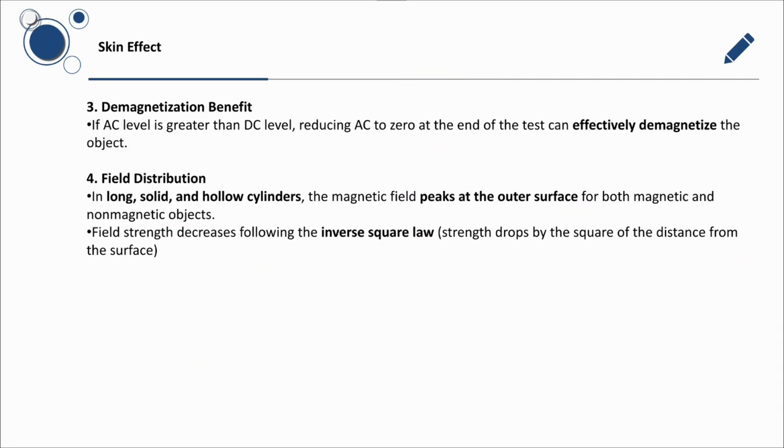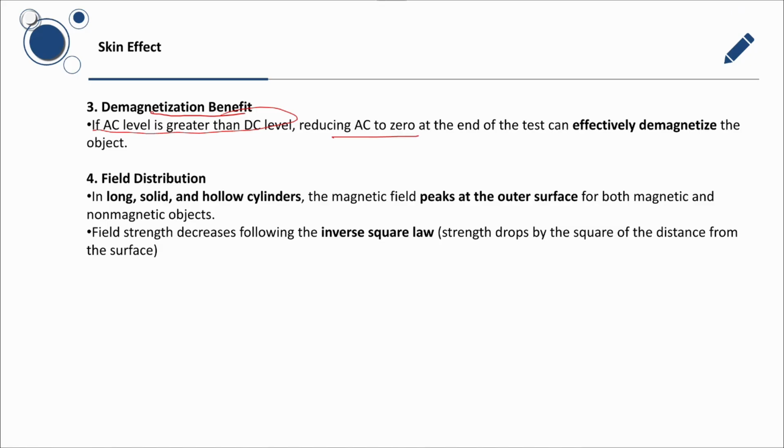The next topic is the demagnetization benefit. When we use alternating current for magnetization, its strength is often higher than DC. If we slowly reduce the AC to 0 at the end of the inspection, the magnetic domains inside the material return to a random orientation.